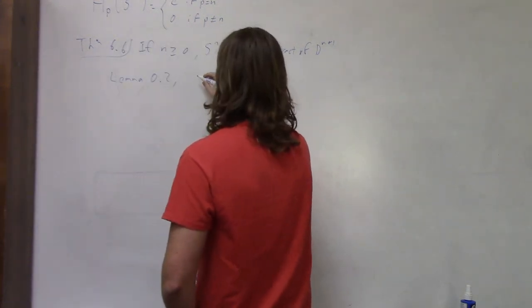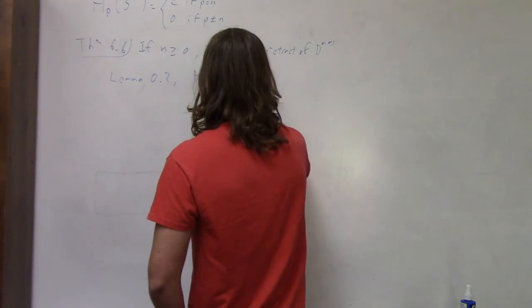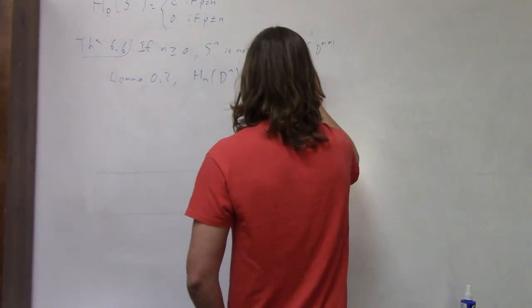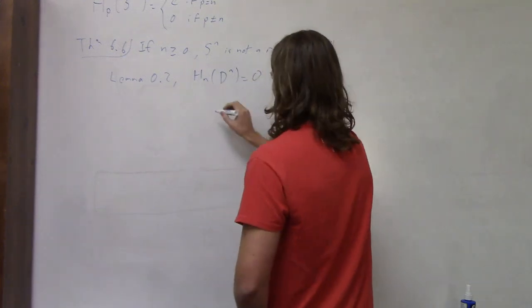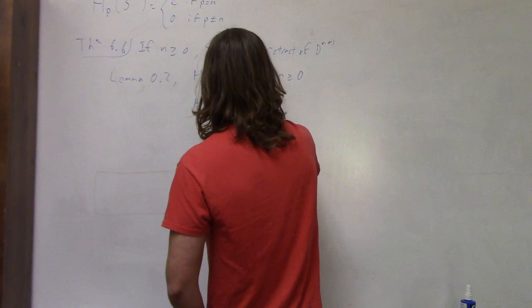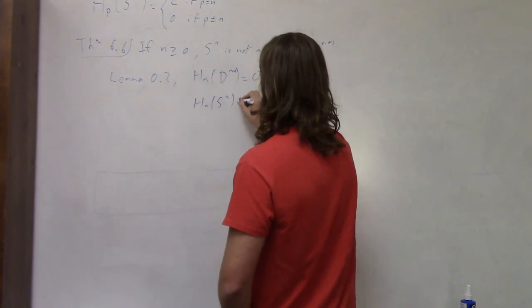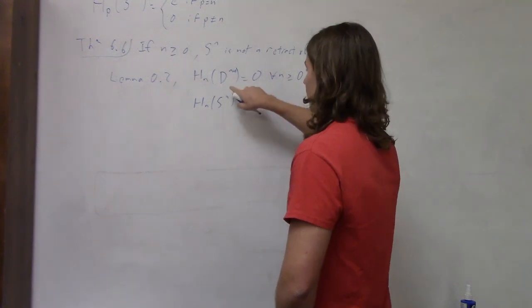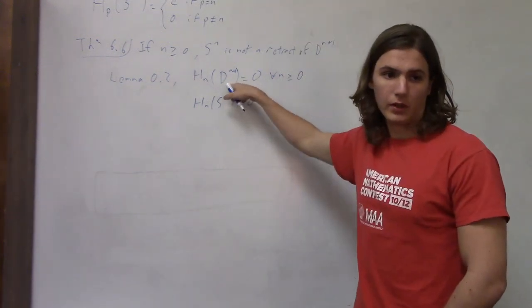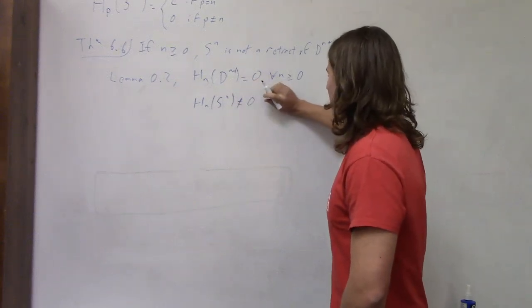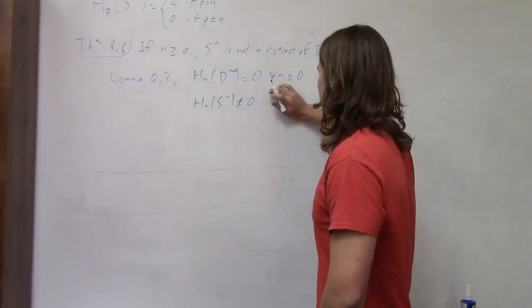We assumed that Hn of Dn+1 is equal to 0, and that Hn of Sn is not equal to 0. Now we have that Dn+1 is contractible, so Hn is equal to 0 for n greater than or equal to 0.